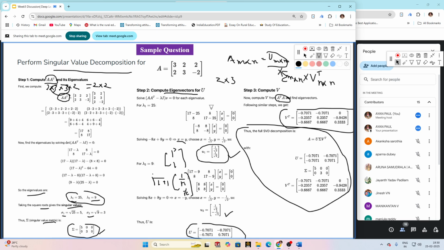Sir, in solving minus 8x plus 8y equal to 0, we got x is equal to 1 by root 2 and y is equal to 1 by root 2. Then we combine u1 and u2 in U. So you are asking why the minus number is there, when it should be positive.